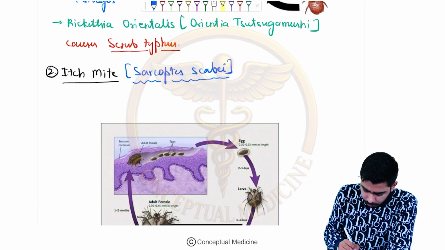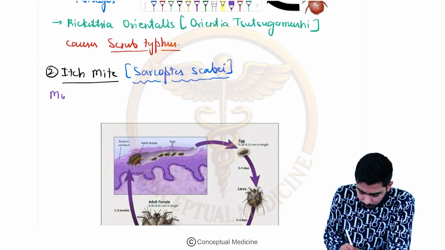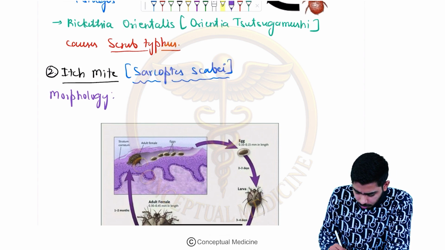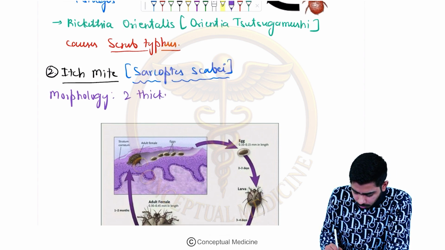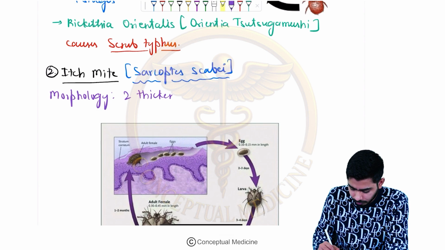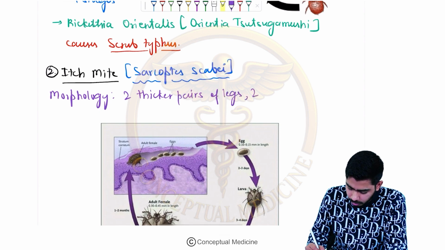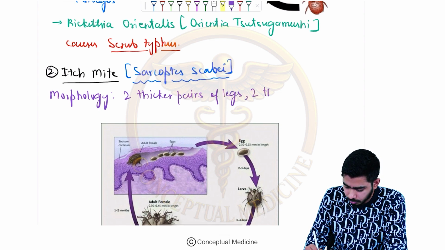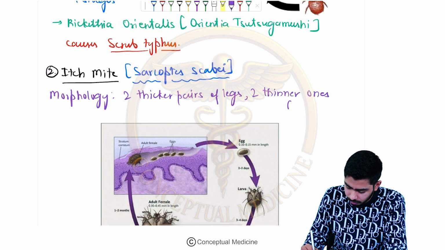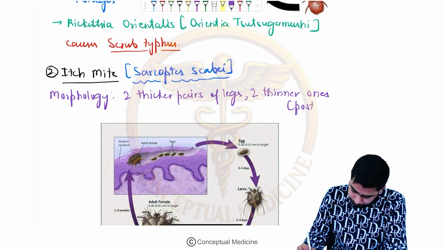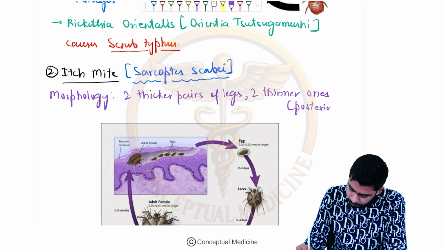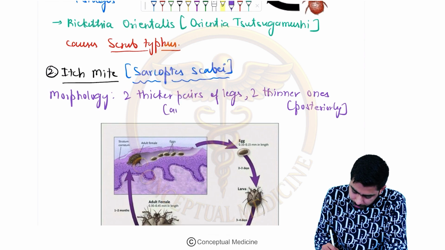I shall write it over here as well, that if we talk about the morphology of the itch mite, nothing new, it's just that 2 thicker pairs of legs and 2 thinner ones which are present posteriorly, okay, and the thicker ones present anteriorly.